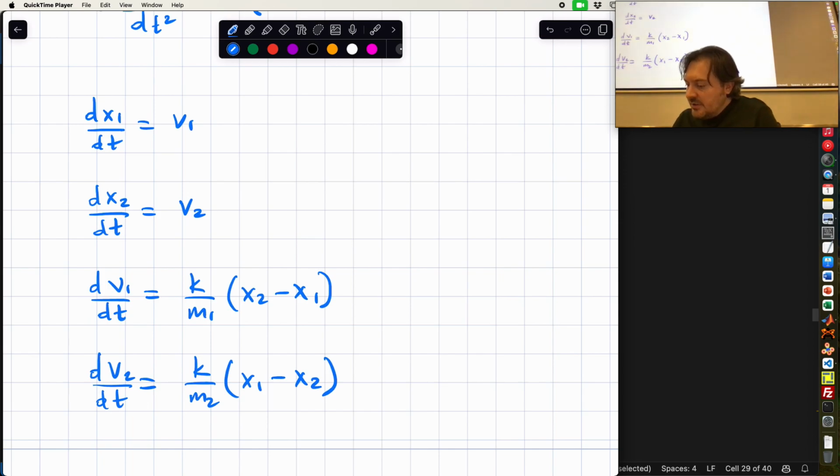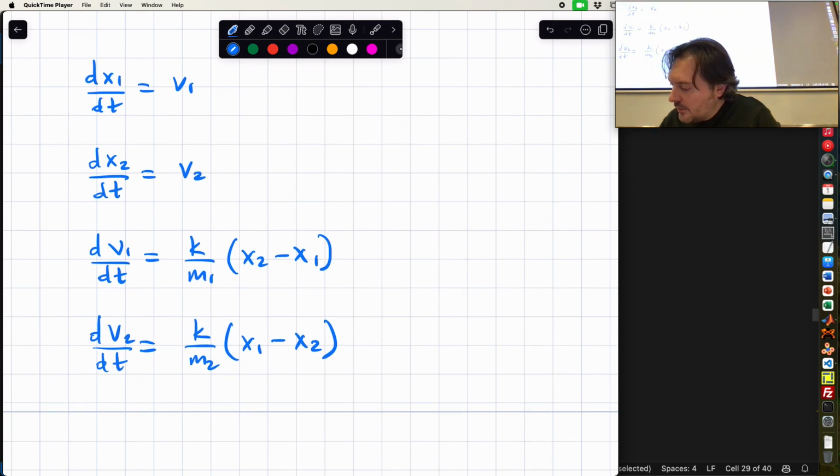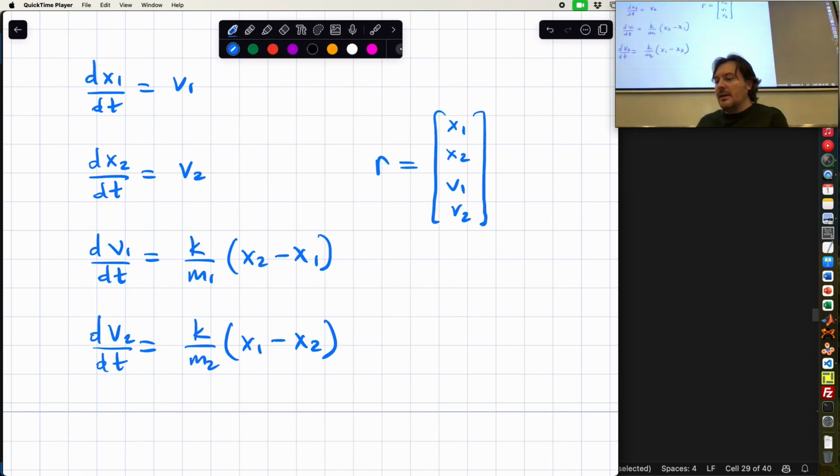So you can actually write a vector r, which is x1, x2, v1, v2, and you can turn it into a differential equation with a matrix. So you have a vector that has the variables. Are you following? Yes?